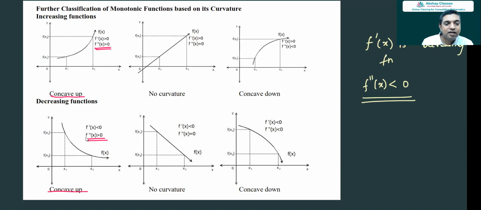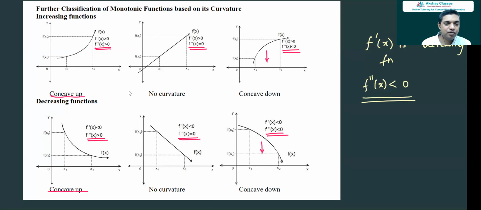Whether it is increasing or decreasing, as long as the second derivative is positive, it is concave up. Whether it is increasing or decreasing, as long as the second derivative is 0, it's a straight line. And whether it is an increasing or decreasing function, if the second derivative is negative, the concave portion is facing downwards and the convex portion is facing upwards.